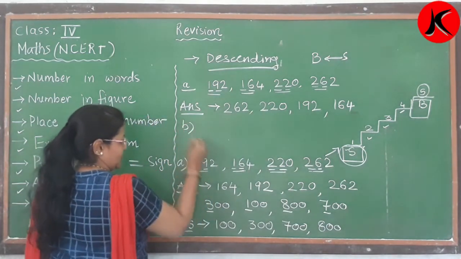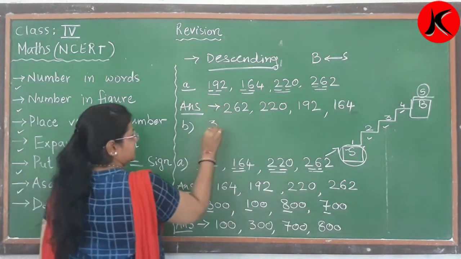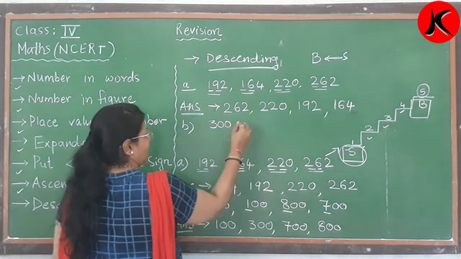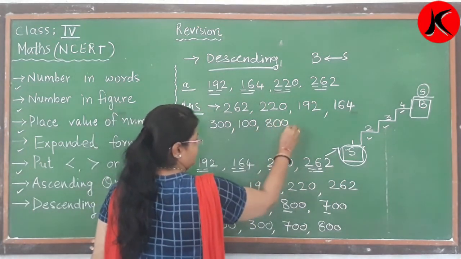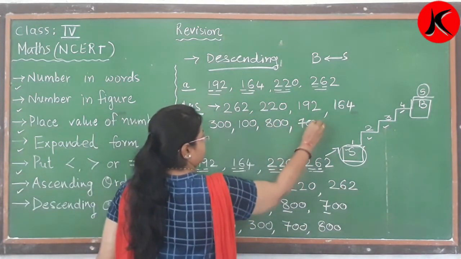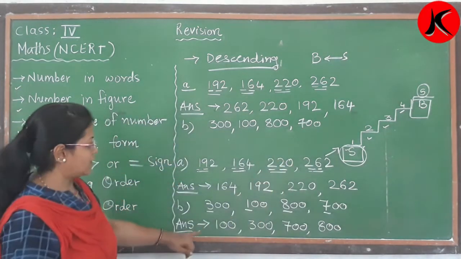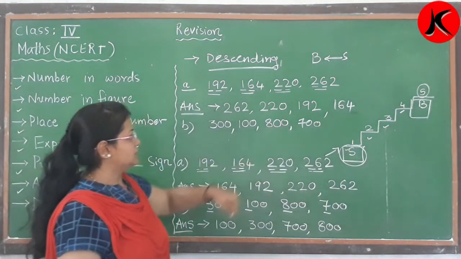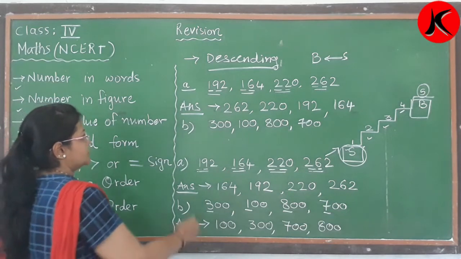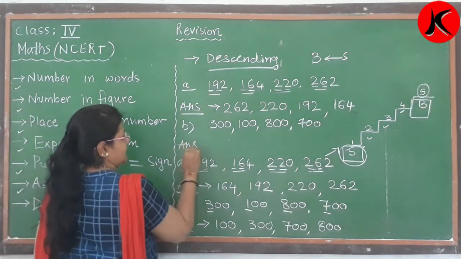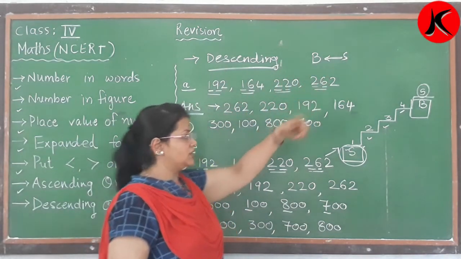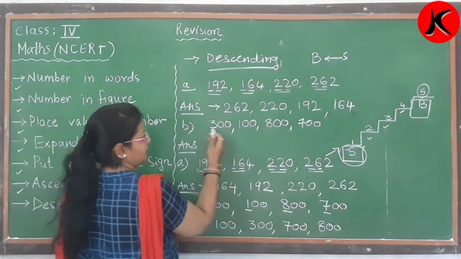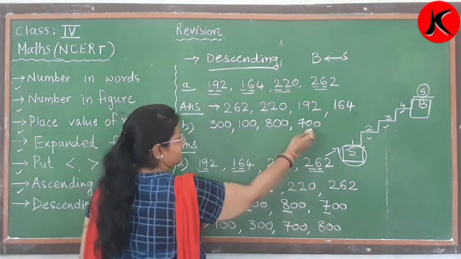Now second, same example here, 300, 100, 800 and 700. Okay. Now here we have to arrange these numbers in descending order. So in descending order, the big number is always first. So 300, 100, 800 and 700.